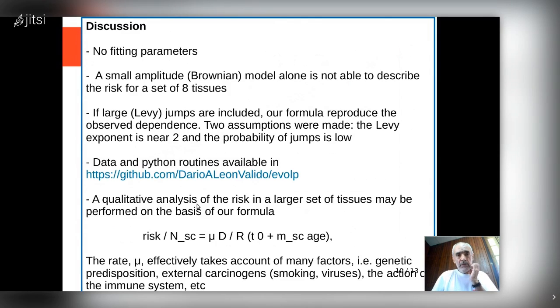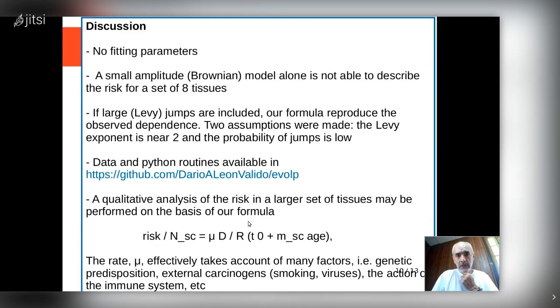We can perform a qualitative analysis in a larger set of tissues based on our formula. For these tissues, we do not have this data, which comes from the gene expression data.